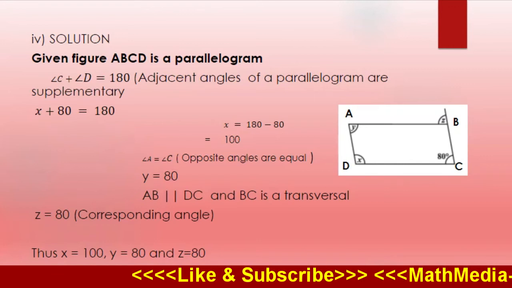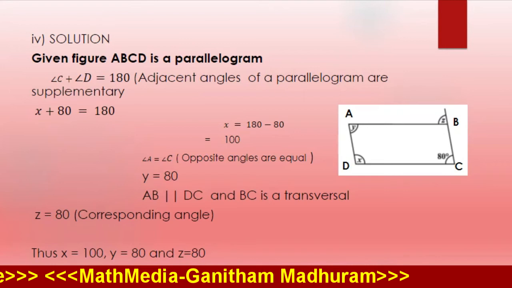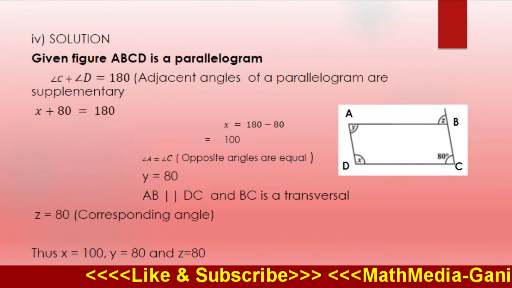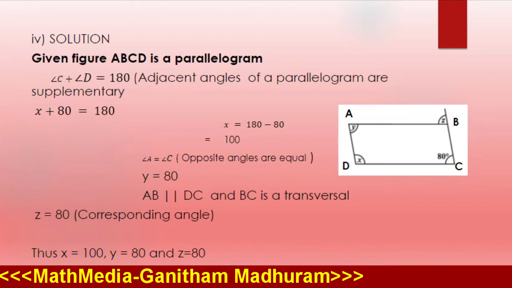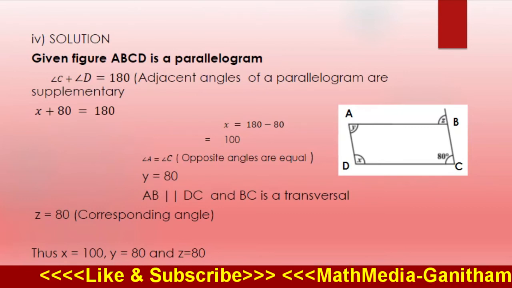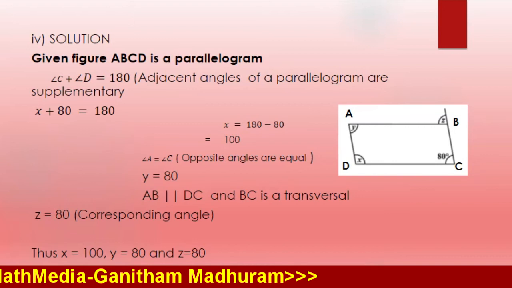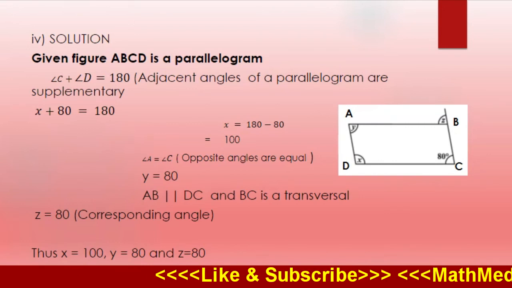Now consider the line AB parallel to CD, or AB parallel to DC, and consider the transversal BC. Look at the angles 80 degrees and angle z. Where is the position of these two angles? They lie on the same side of the transversal and both are lying above the line. 80 degrees lies above the line DC.